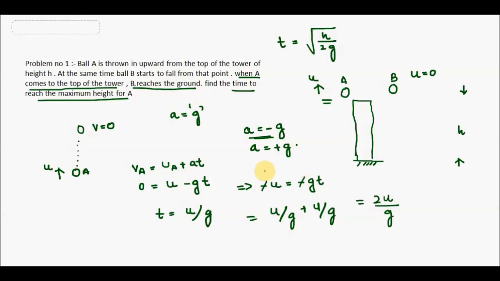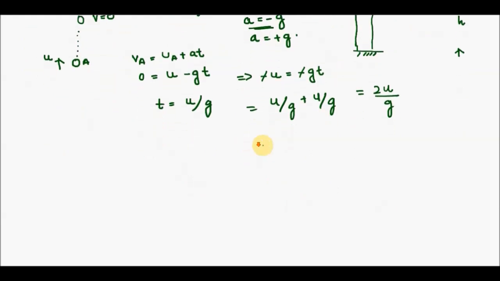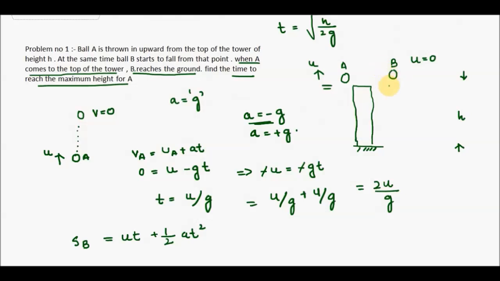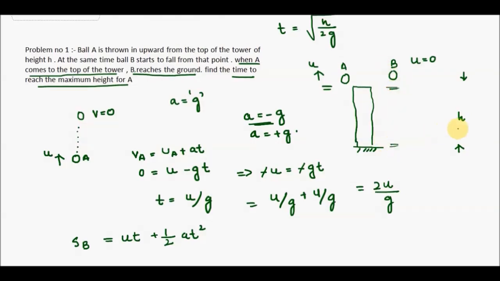Now we'll calculate the time taken by ball B to reach the ground. This can be easily calculated by the second equation of motion: S_B, the distance traveled by ball B, is equal to initial velocity times time t plus half a t squared. The distance that ball B has to travel from this position to reach the ground is simply h.